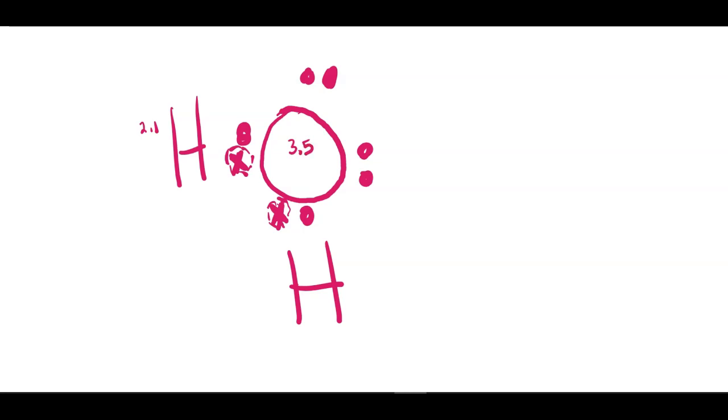So how polar is this bond? Well, look at the difference. We said the oxygen-hydrogen bond was so polar that the 3.5 electronegativity made oxygen partially negative, leaving hydrogen partially positive.